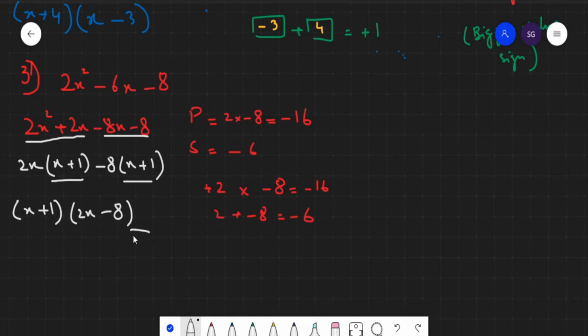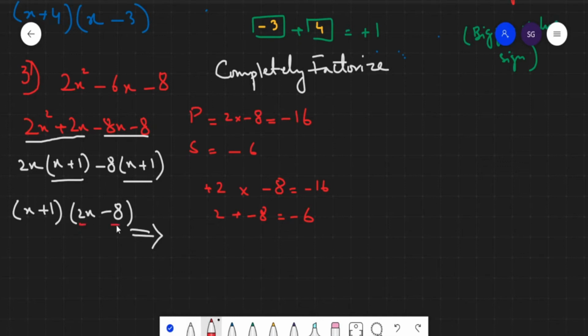Now mostly students make a mistake here. Remember, whenever you are asked to factorize, you are asked to completely factorize. It's very important to notice: completely factorize. It means you cannot take any further common factor out. As you can see here in my bracket, these two are even numbers, and even numbers must be divisible by 2.